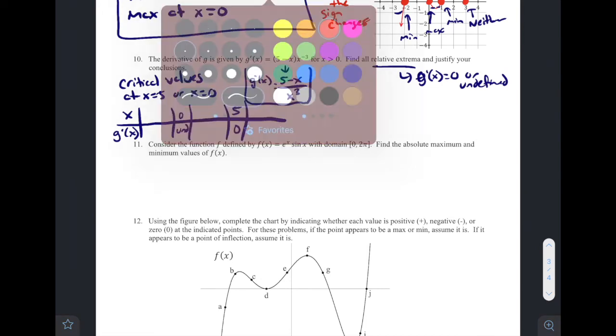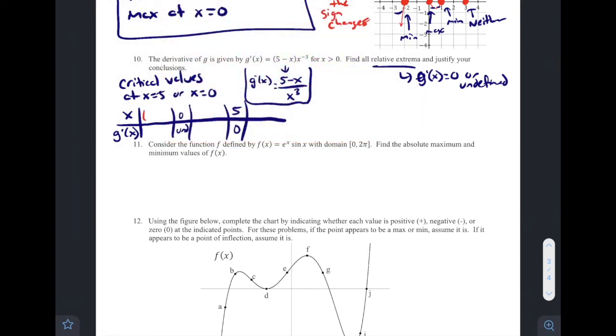And we can add in our intervals. Actually, in this case, since x is greater than 0, this is not on the table. But we do have from 0 to 5, and then all the values bigger than 5, so 5 to infinity.